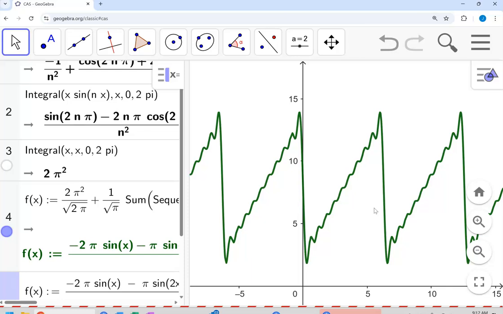And so what this is doing is it's taking that trig polynomial, that sum of the trig functions, and trying to approximate here, but of course when I get close to the edge, I have an issue, don't I?